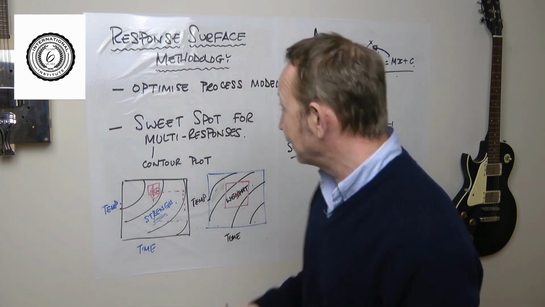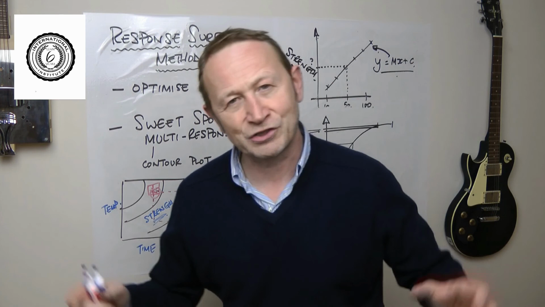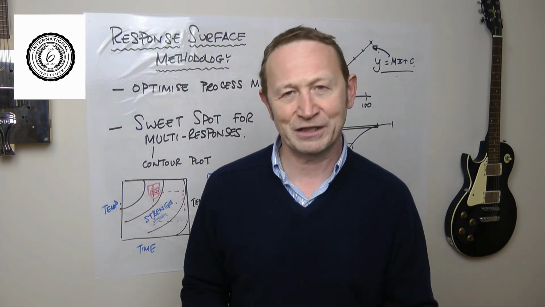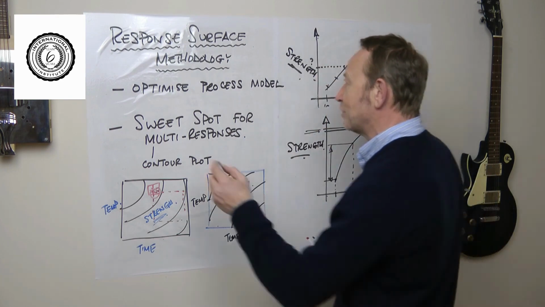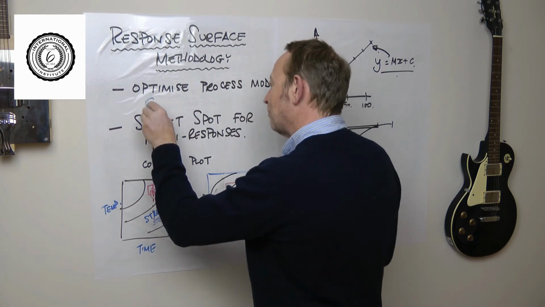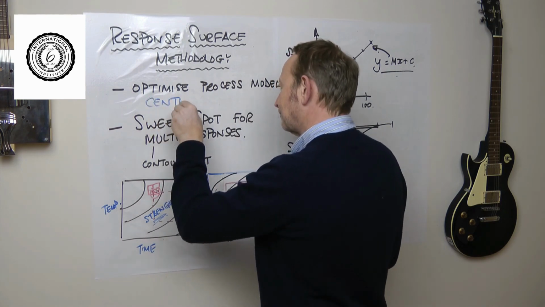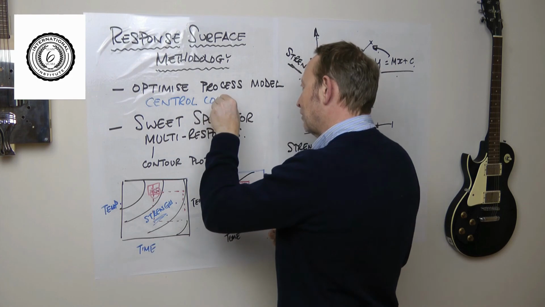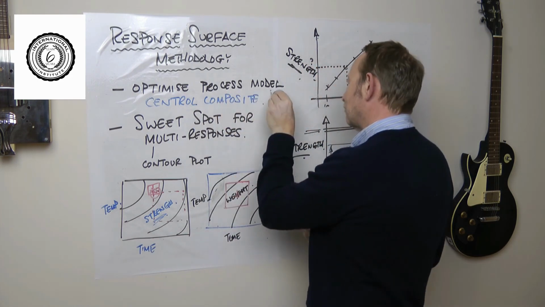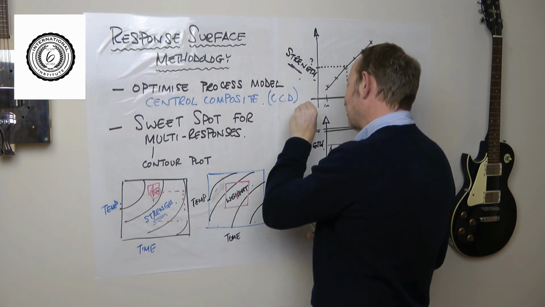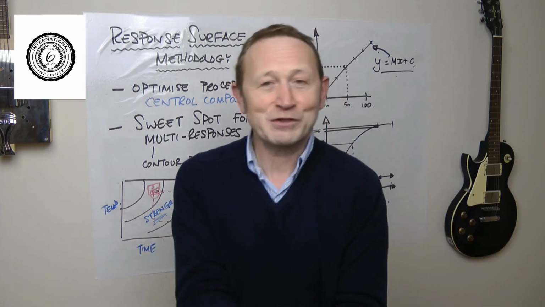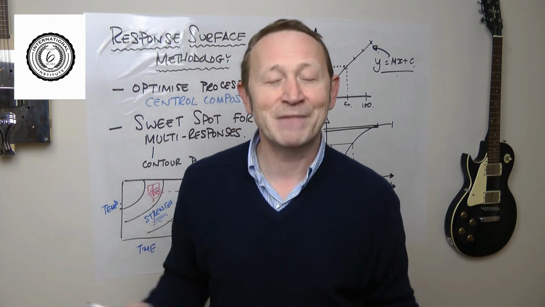Now, one final thing, response surface methodology has become associated with particular types of DOEs. So often in Minitab, for instance, the central composite design, often also called the CCD, can only be found on Minitab on the response surface menu.